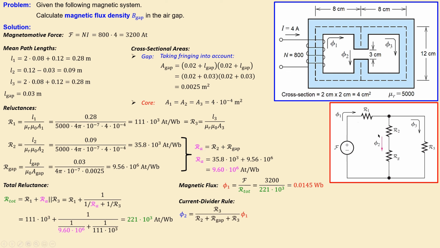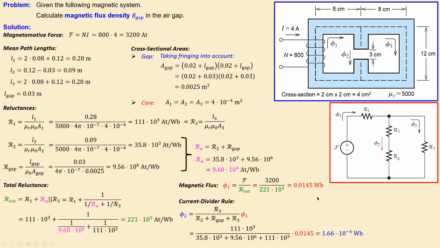The flux flowing in this branch is equal to the reluctance in the other branch divided by the total reluctance in these two branches together, that's shown here, times of course the source flux phi 1. If you substitute the values here, you will have 1.66 times 10 to the power minus 4 Webers. So much smaller than the source.